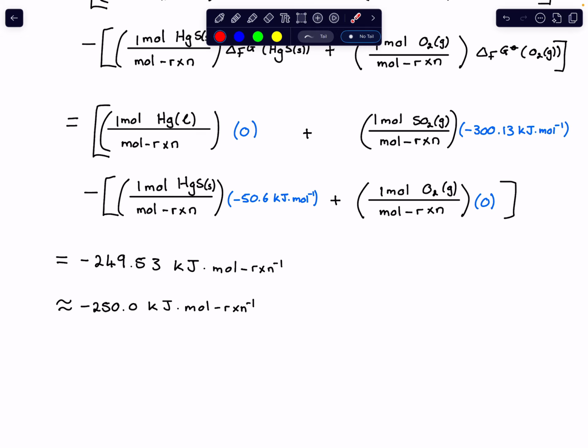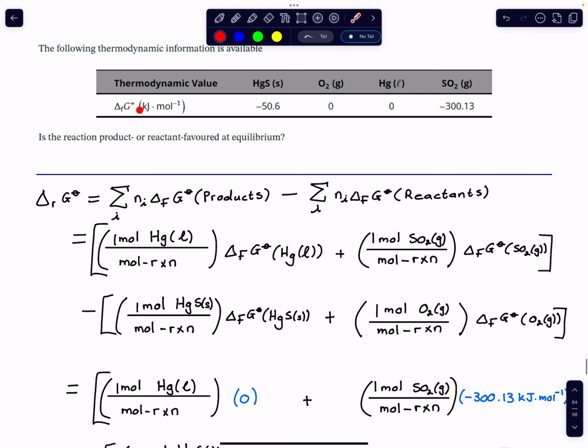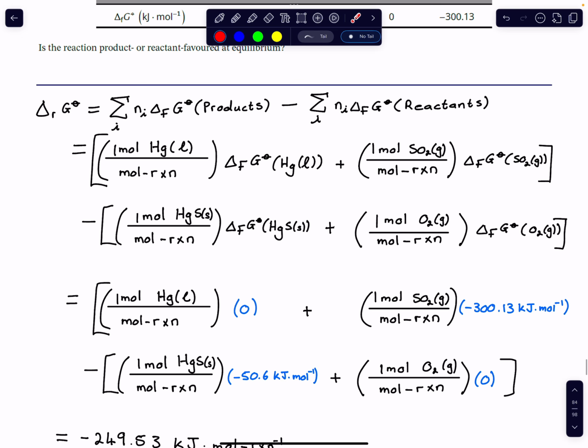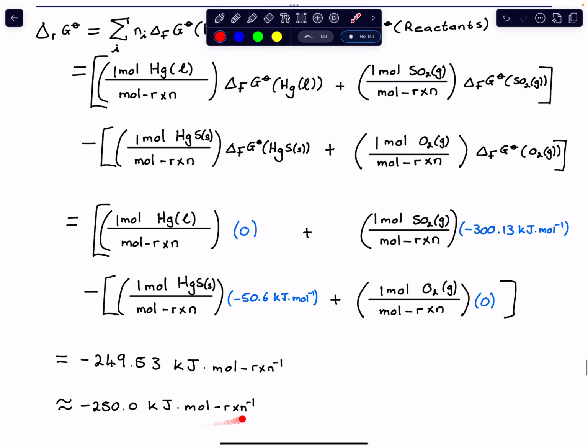So remember the units that you're working with for formation Gibbs energy are kilojoule per mole, and the unit of a stoichiometric coefficient is mole per mole reaction. So mole will cancel with per mole, and then you're left with kilojoule per mole reaction, and that gives you the unit of the standard Gibbs energy of reaction, which is kilojoule per mole reaction.